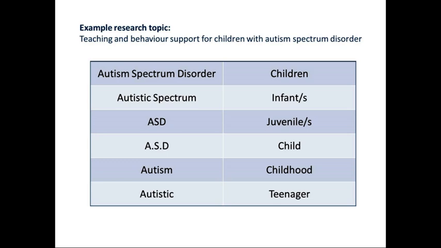So putting child followed by an asterisk into a database will look for child, children, childhood, anything like that. So you can take these two off your list and just use one. And actually you can do that for these as well. So you can put the asterisk in and you don't have to search for infants or juveniles.